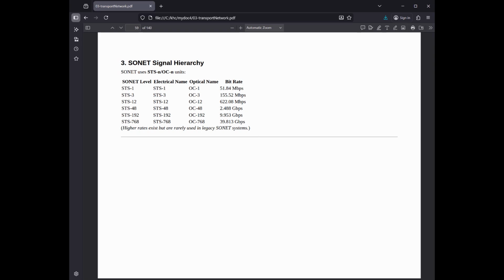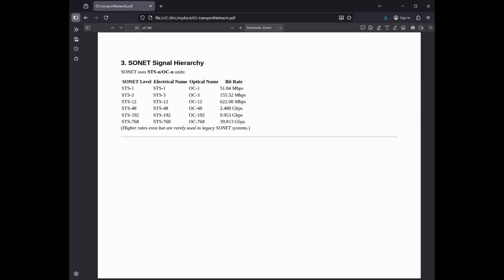STS3/OC3, STM1, 155.52 Mbps, 3 STS1s. STS12/OC12, STM4, 622.08 Mbps, 12 STS1s. STS48/OC48, STM16, 2.488 Gbps, 48 STS1s. STS192/OC192, STM64, 9.953 Gbps, 192 STS1s.